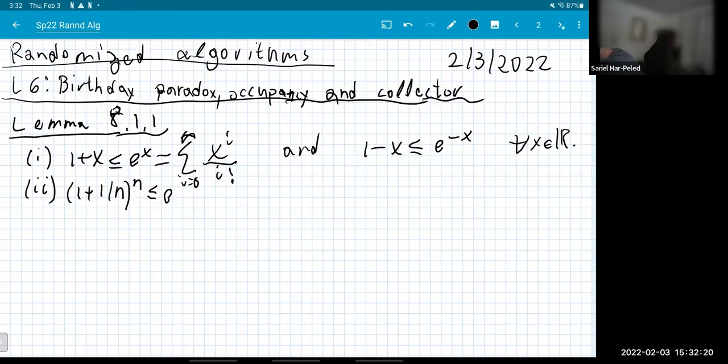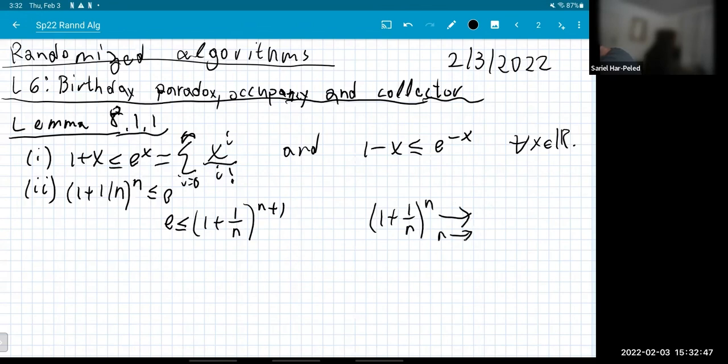Maybe more surprising is that e is smaller or equal than 1 plus 1 over n to the n plus 1. So essentially it says that 1 plus 1 over n to the n is a very good approximation to e. Of course, this is a famous formula. This is one way to compute e. It's not a very efficient way, but it's one way.